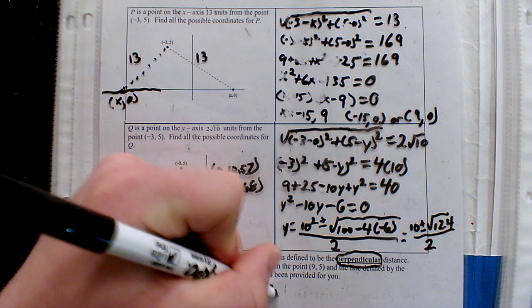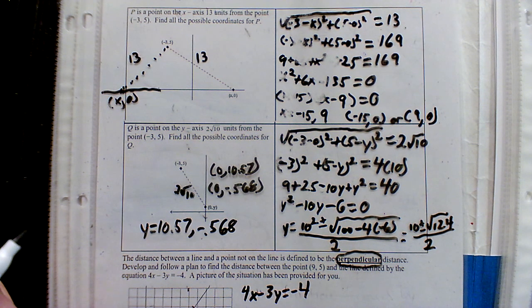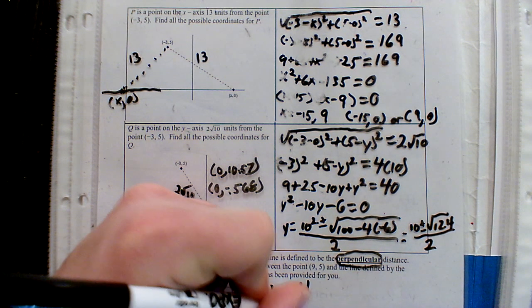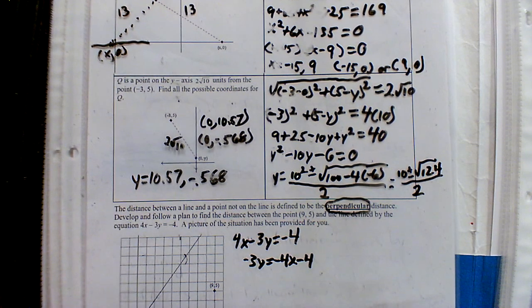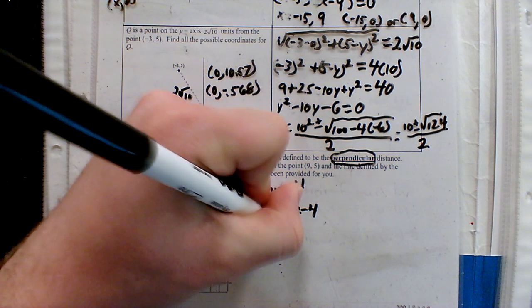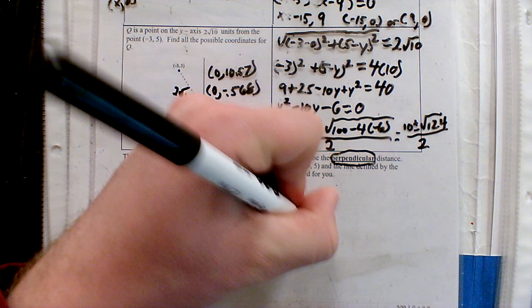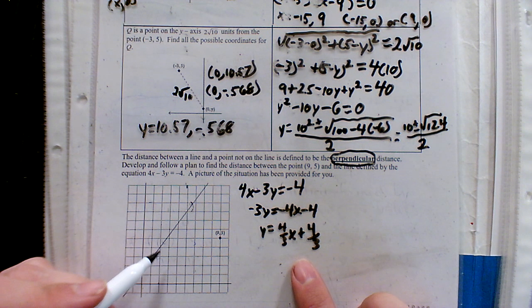So 4x minus 3y equals negative 4. Subtract the 4x. Divide by negative 3. So the slope of this line is what? Our original line is what?